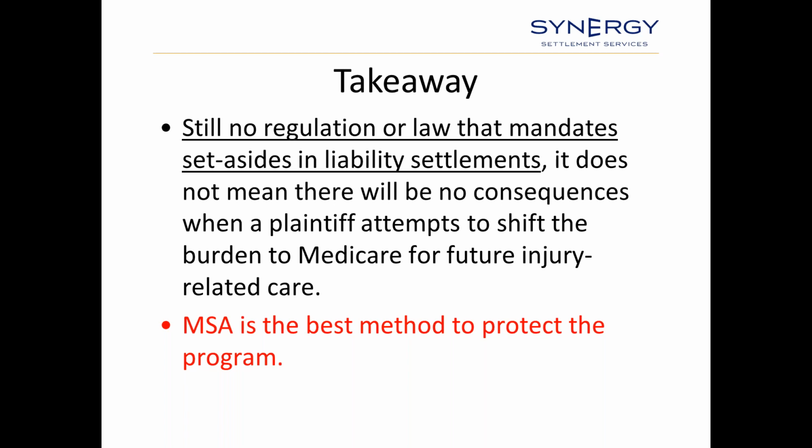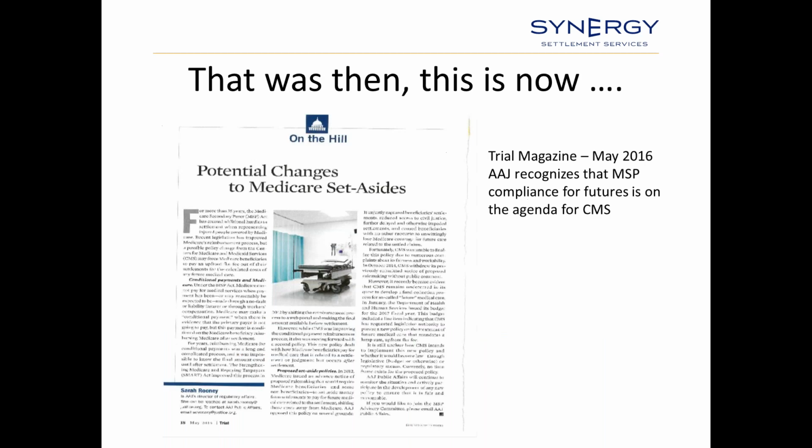But if there is a shift to Medicare of the burden for future medical, and that settlement's been reported to Medicare, there is a real genuine risk that Medicare will refuse to pay for injury-related care. And the reason for that is some of the more recent developments.